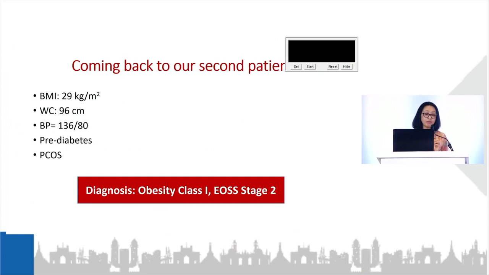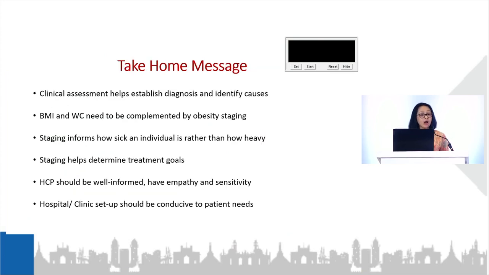Coming back to our second patient, the BMI is 29, so she is obesity class 1. But she has a disease in the form of polycystic ovary syndrome, so there is manifest disease, therefore she is EOSS stage 2.